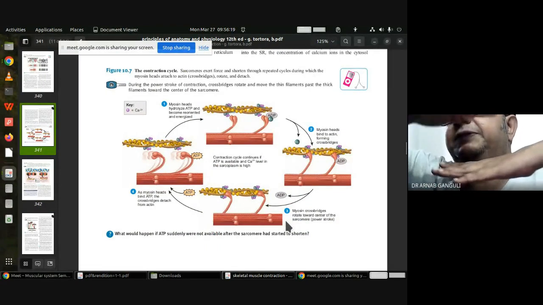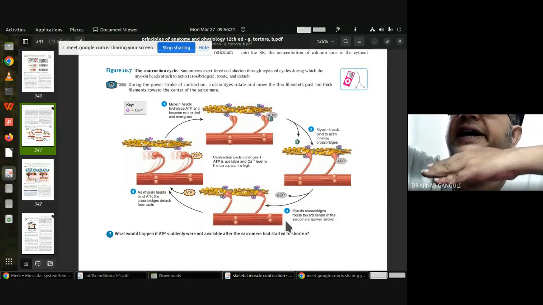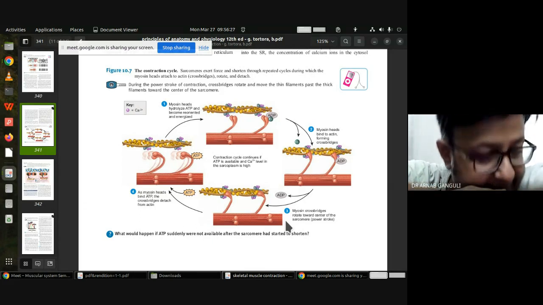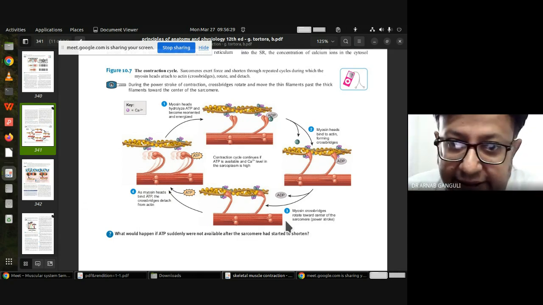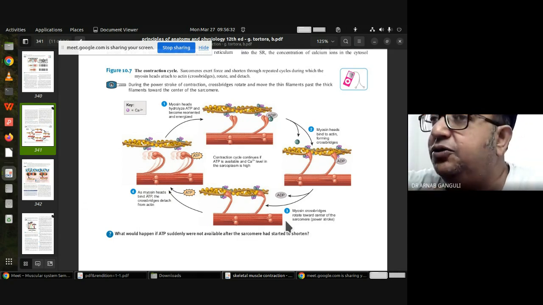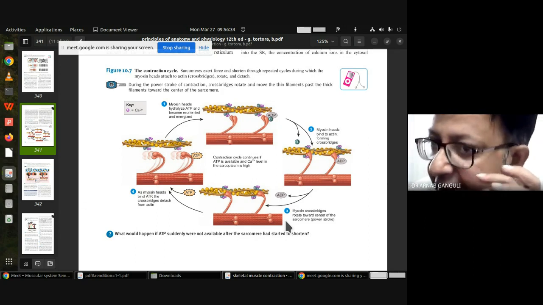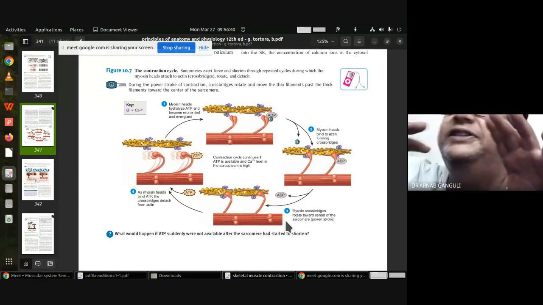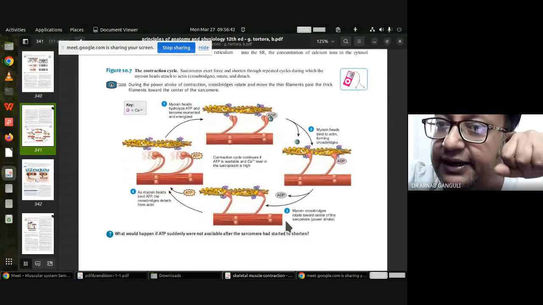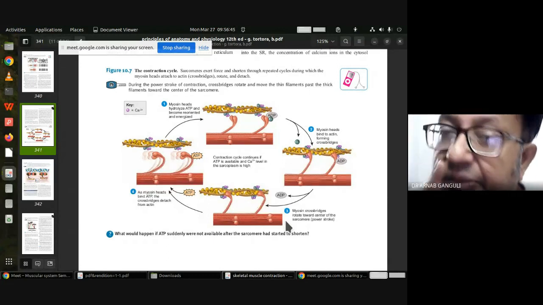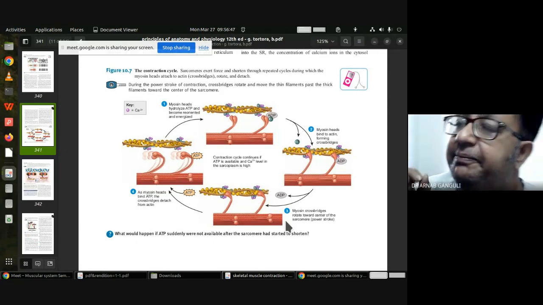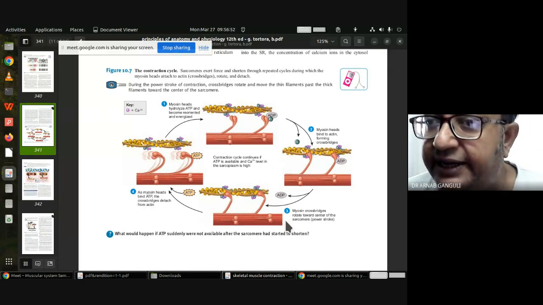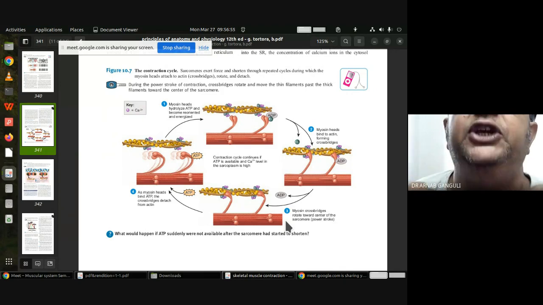In normal circumstances, the tropomyosin covers the myosin head binding site on actin. When there is an electric impulse, the endoplasmic reticulum releases lots of calcium, and troponin is a calcium binding molecule.